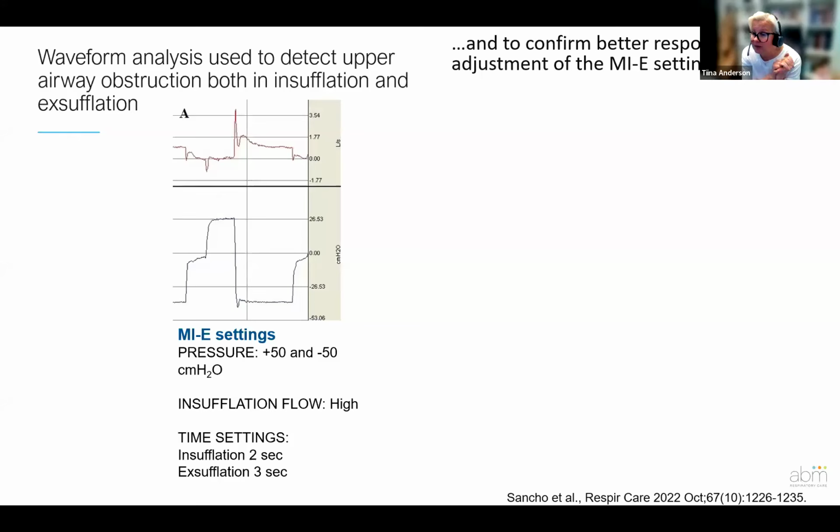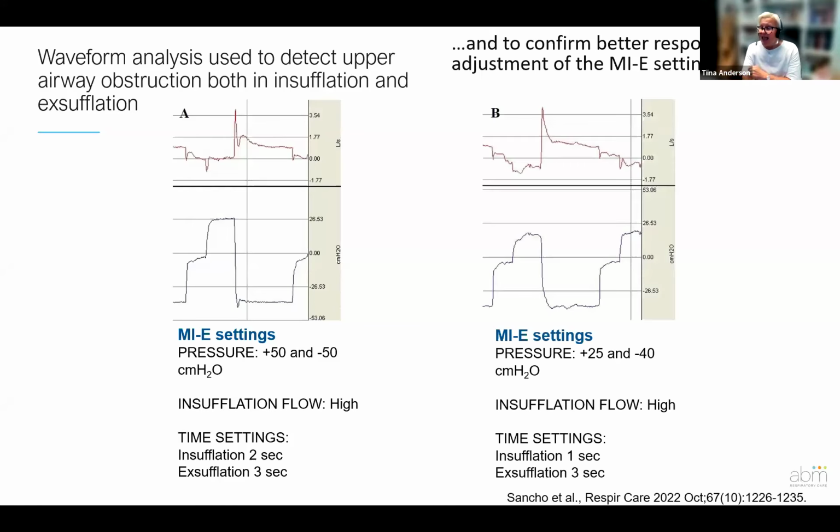So in this first scenario, the patient had plus 50, minus 50 with a high insufflation flow, very short rest time, and time settings of insufflation 2 seconds and exsufflation 3 seconds.